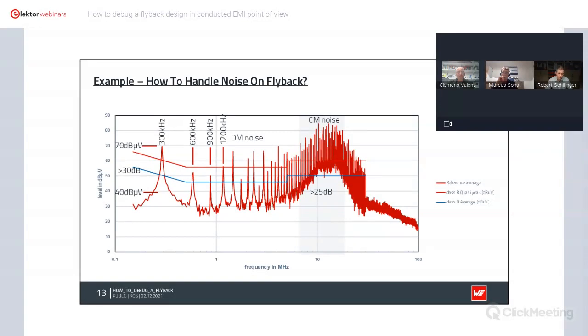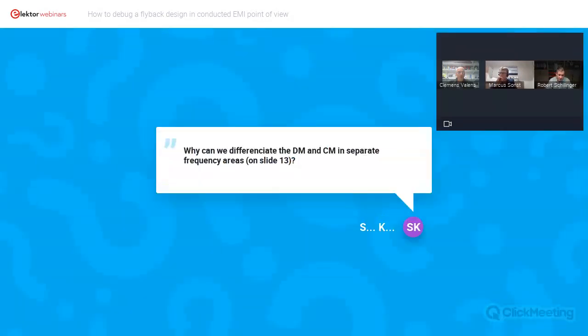But to debug and to find the correct solution for a filter, you must know what kind of noise you have. That is only possible if you split it in two parts. But here you are right, I have the experience, and for this I can say here is common mode and there is differential mode.